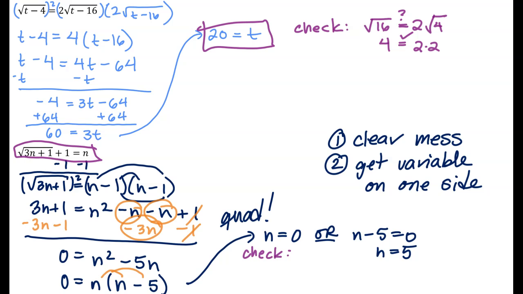So I get, plugging 0 in for n, the square root of 1 plus 1 equals 0, and that is not a true statement. Notice, however, if I was allowed to put a negative sign in front of that square root, it would be true. The reason I'm pointing this out is because it can be hard to tell when you're checking solutions whether they don't check because you've got an extraneous solution or they don't check because you made a mistake.